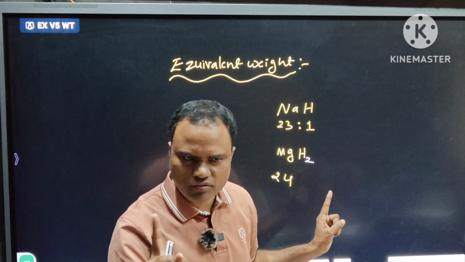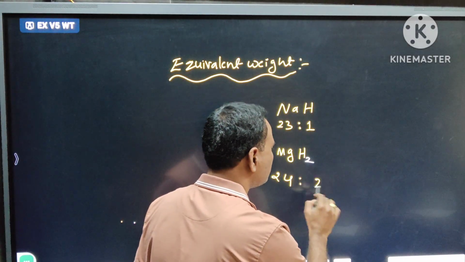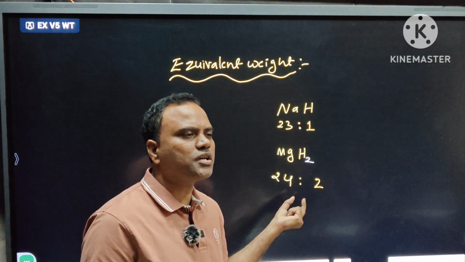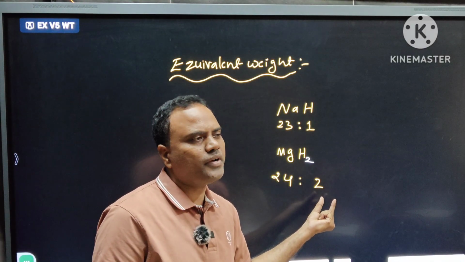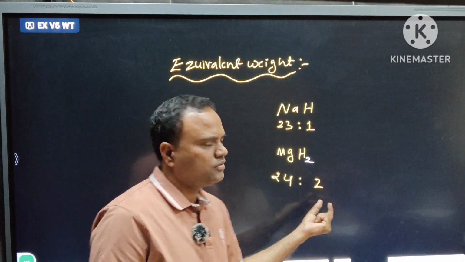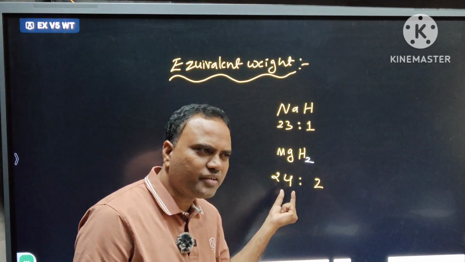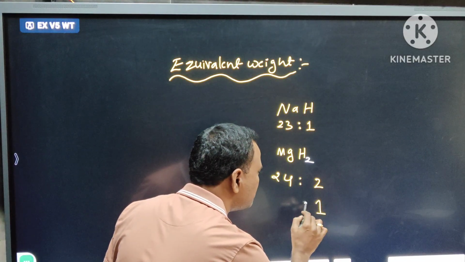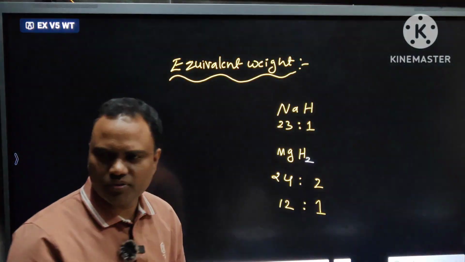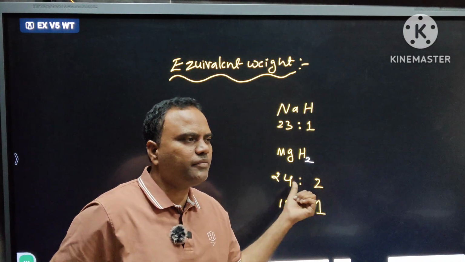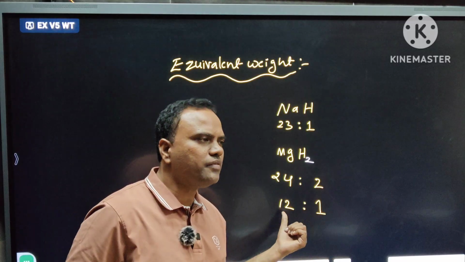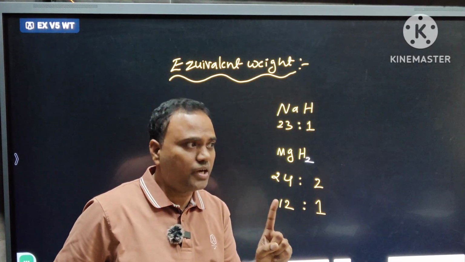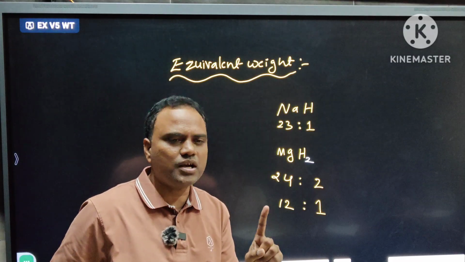For 1 hydrogen, 1. For 2 hydrogens, 2. Now you tell me, 24 grams of magnesium is combining with 2 grams of hydrogen. Then 1 gram of hydrogen combines with 12. Half. 2 grams is combining with 24 grams, so 1 gram combines with 12 grams. Clear? For 1 gram of hydrogen only we will take standardization.